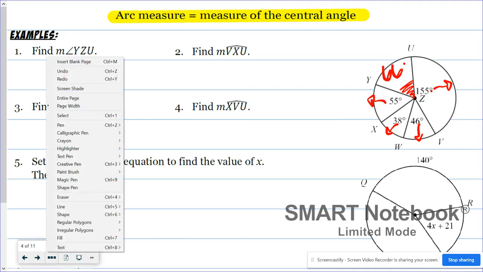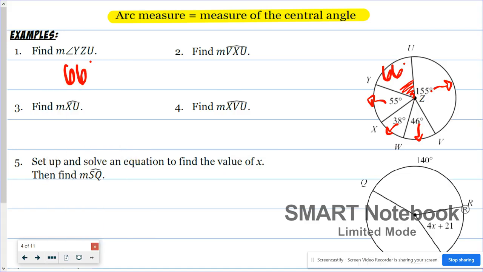Find the measure of arc VXU. VXU starts at V, goes through X, and ends at U. Notice it's basically the circle minus arc UV.